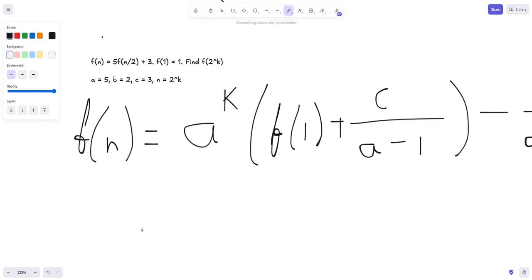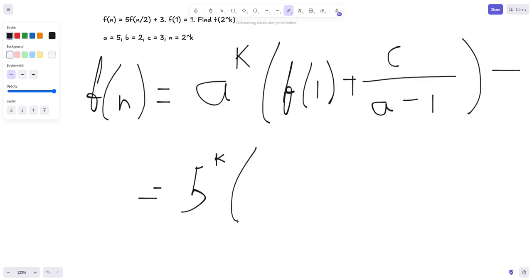And we simplify that and we get 5 to the k times 7 plus 3 by 4.